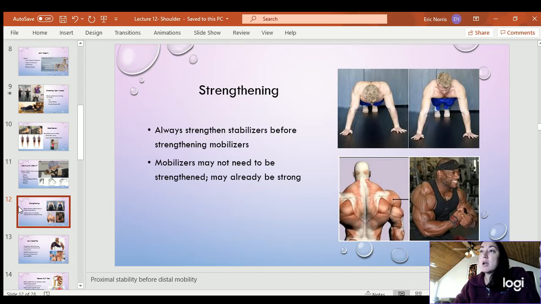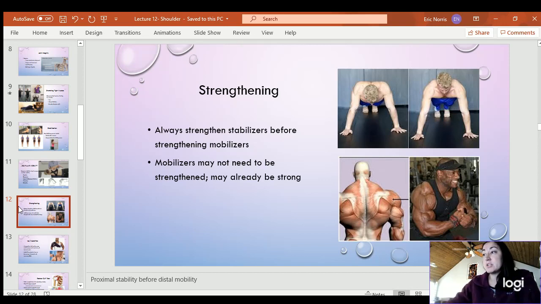Strengthening. So again, we want to always strengthen the stabilizers before we strengthen mobilizers. The rotator cuff and the scapula need to really be the focus of treatment.